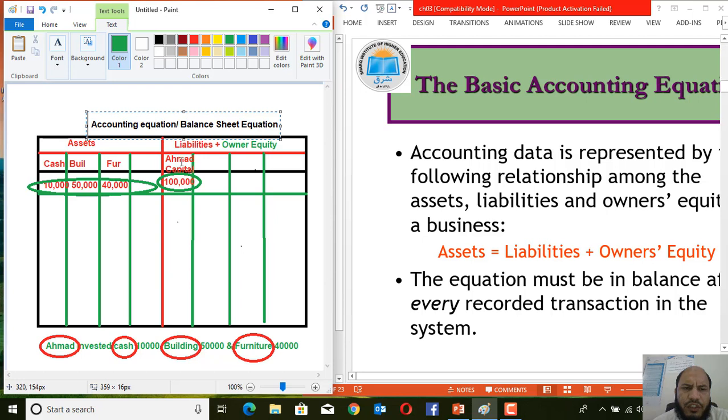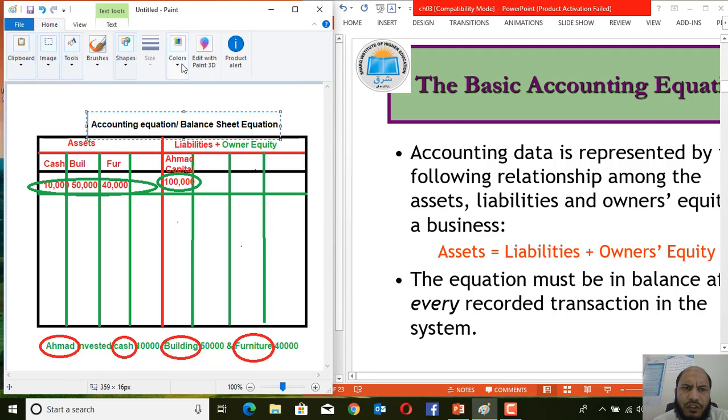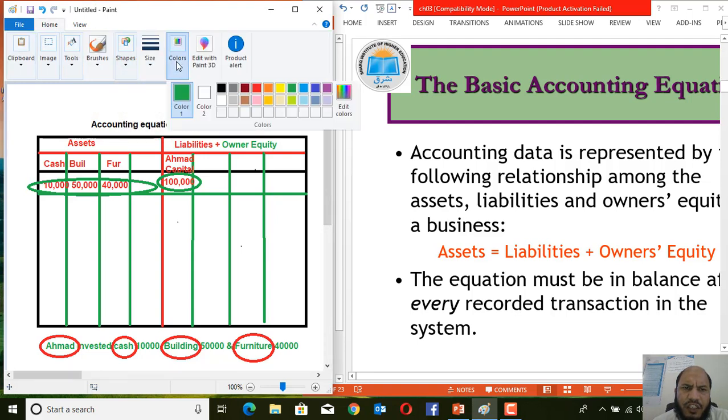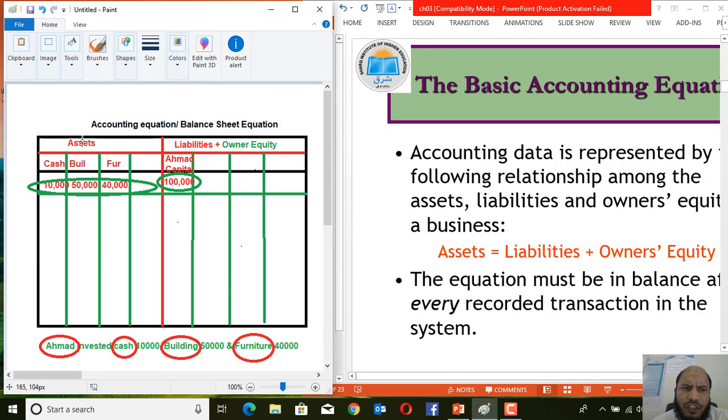It has three major accounts. On one side of the equation, divided by this red line, we have the assets account, and on the other side we have the two other accounts, liability and owner's equity.